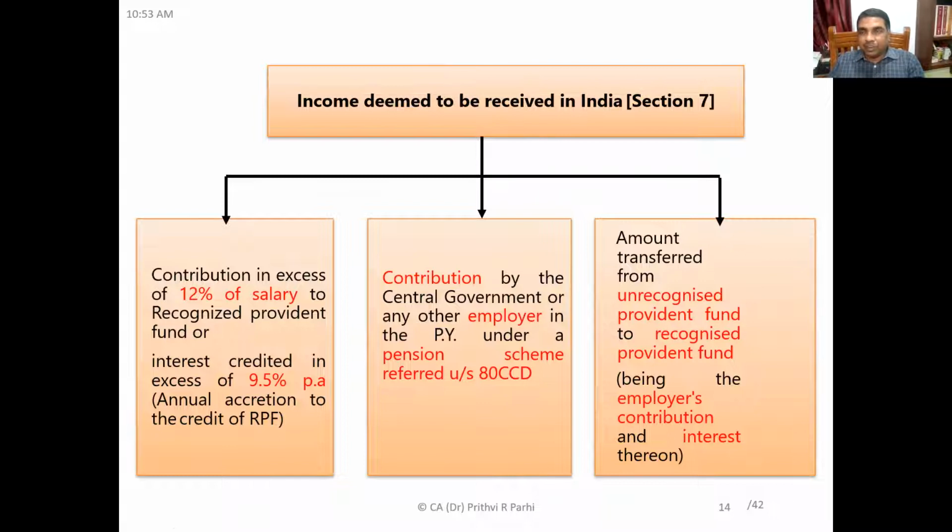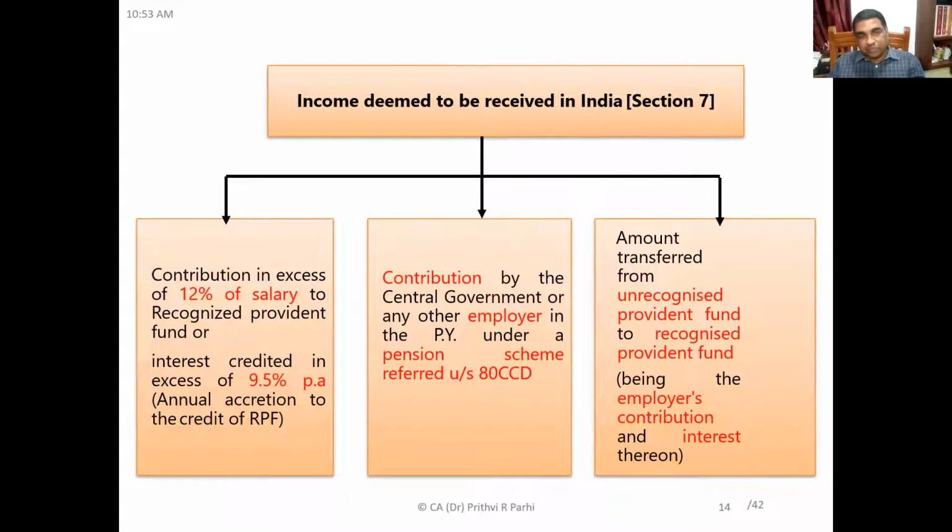Recognized provident fund means provident fund account which is recognized by the income tax department. Similarly, contribution by the central government or any other employer, in the previous year under a pension scheme, which is referred to under section 80CCD.